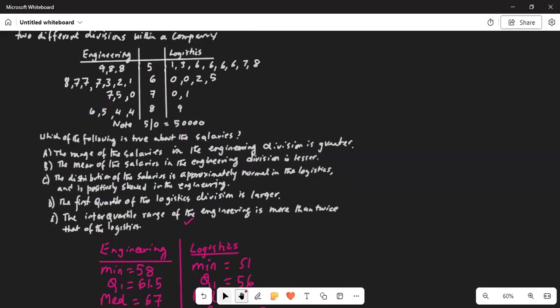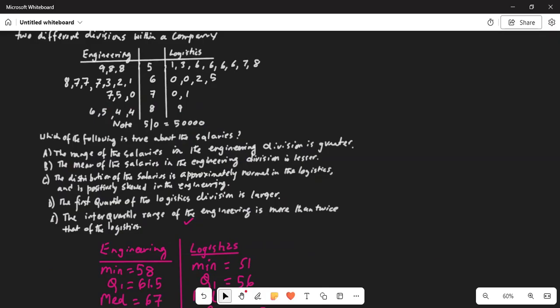Instead of writing the entire 58,000 for the first salary of engineering, I just wrote it as 58, and I took out the 3 zeros. If I keep all the 3 zeros at the end, the calculation becomes difficult. That's why I did not do it.